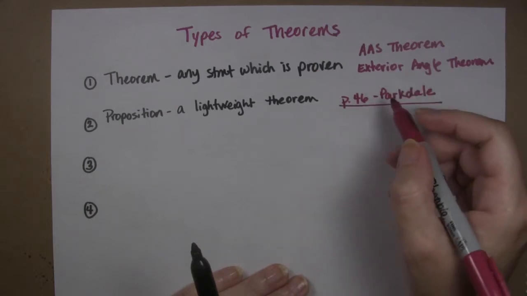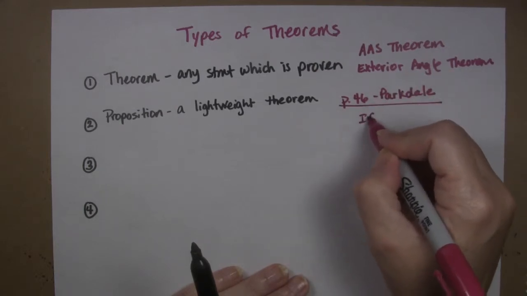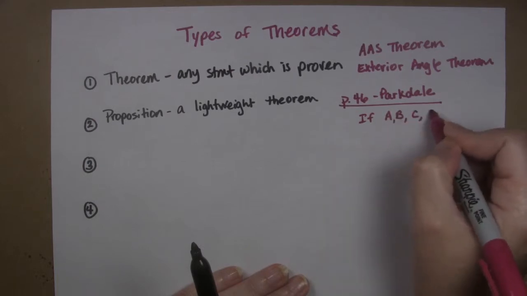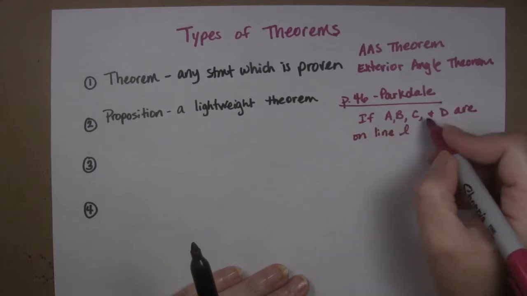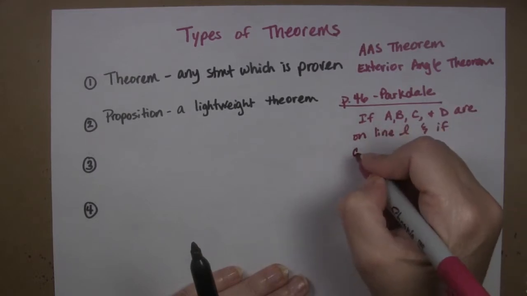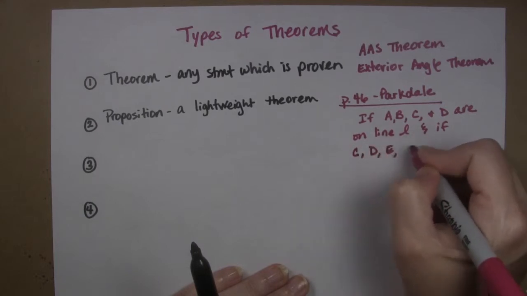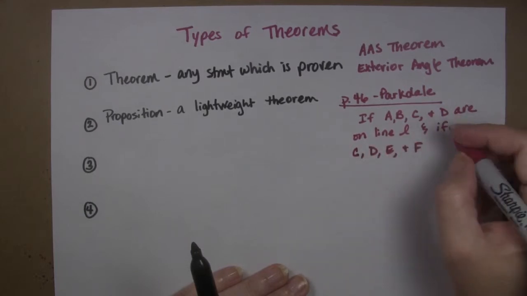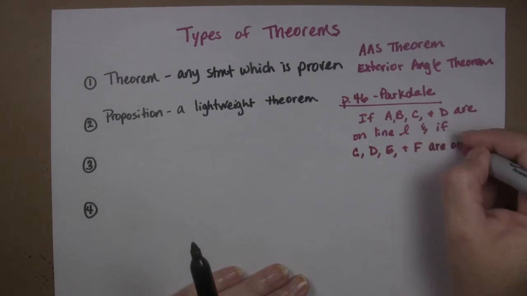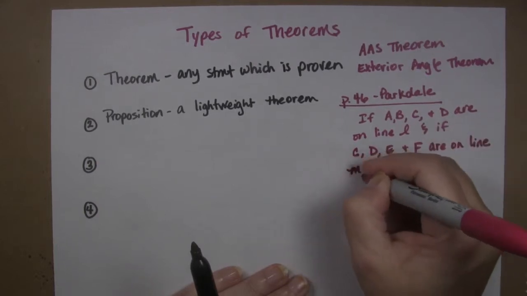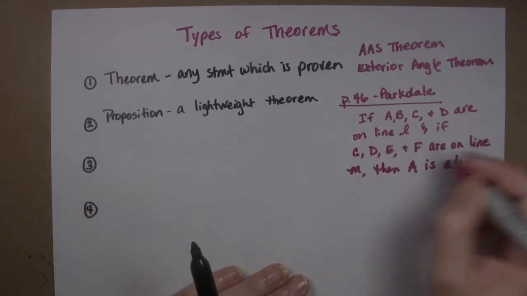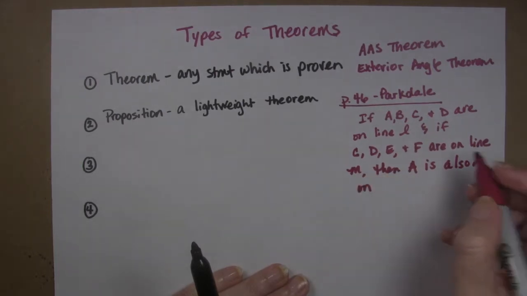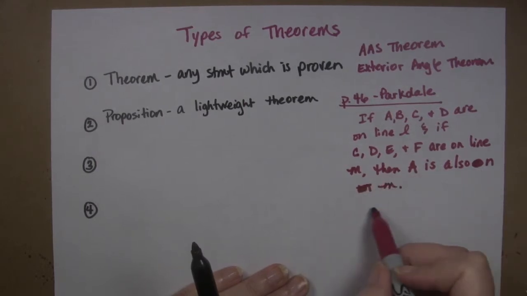So there is the proposition that if A, B, C, and D are on line L, and if C, D, E, and F are on line M, then A is also on M. So here we go.